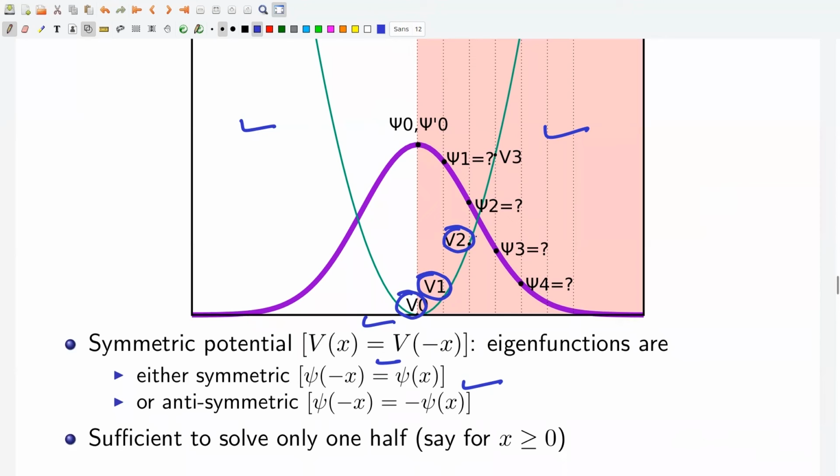If we start with some reasonable initial guess of psi, then we can get the eigenfunction at psi1, psi2, psi3, etc. using the numerical method, and that will give us the entire eigenfunction.